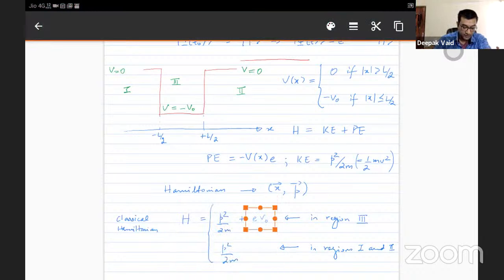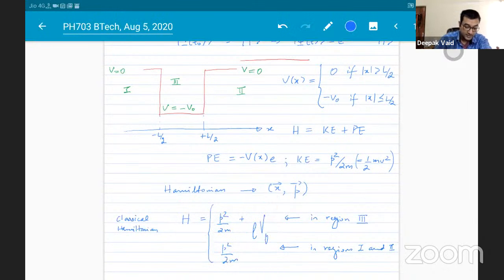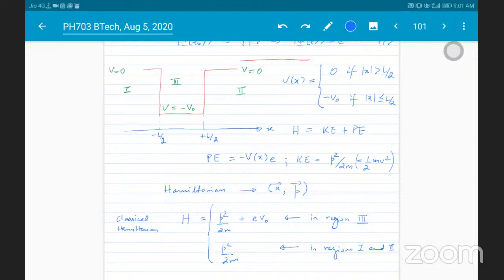So instead of a constant potential, I can always take something which is not constant. I can, instead of V naught, take something like 1/2 kx squared, which is the harmonic oscillator potential energy. In that case also, I will get eigenstates. Those eigenstates will have constant energies. So they will be stationary states.